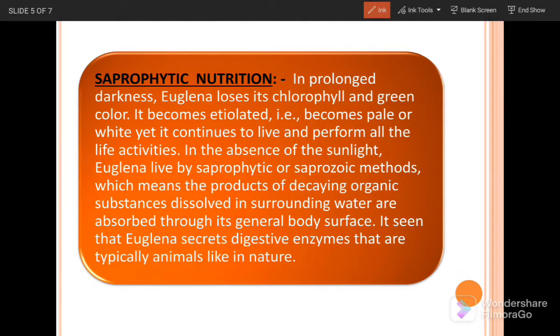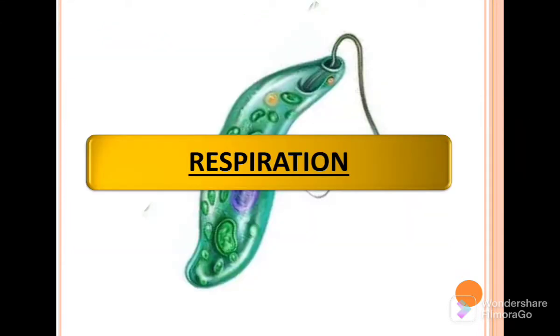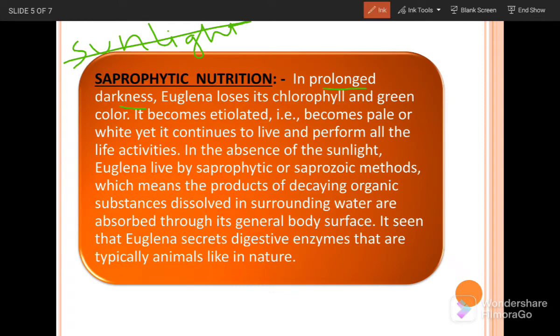Listen carefully: in prolonged darkness, meaning absence of sunlight, Euglena loses its chlorophyll.